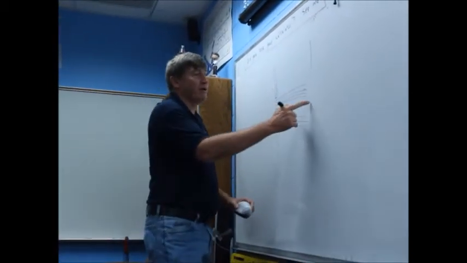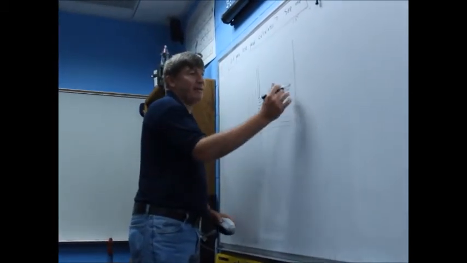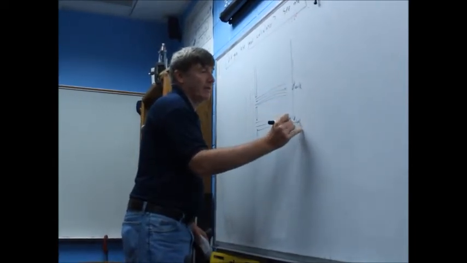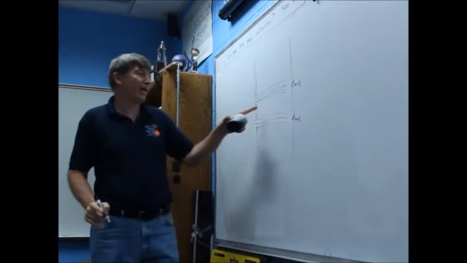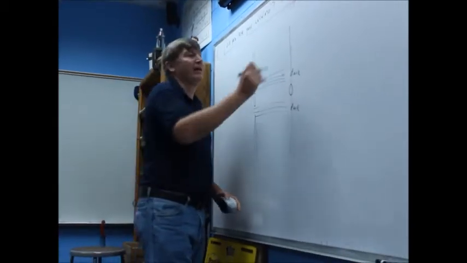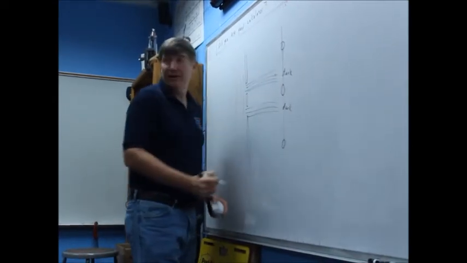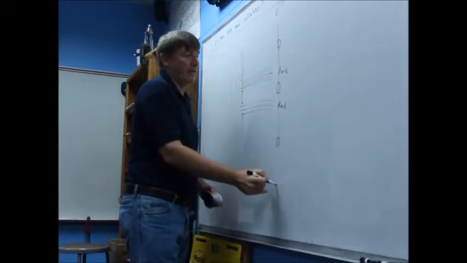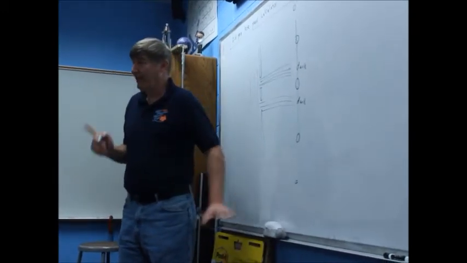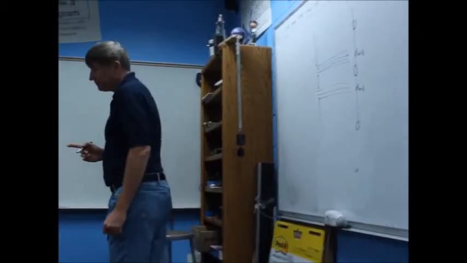In those areas where you expected it would have been bright, it's actually dark up here and down here. And in the middle, where it should be shadowed by this central blockage, that's where you get the bright spot. And then you get another bright spot up here and down there, and then another bright spot up here and down there. And that is what we did that proved that light actually was a wave.